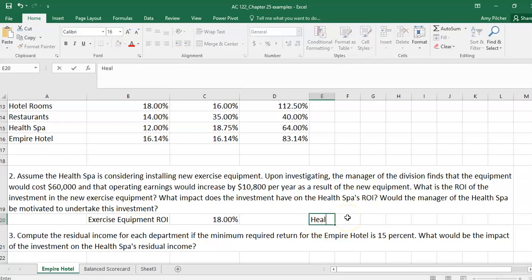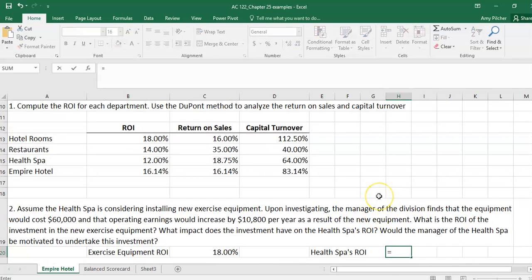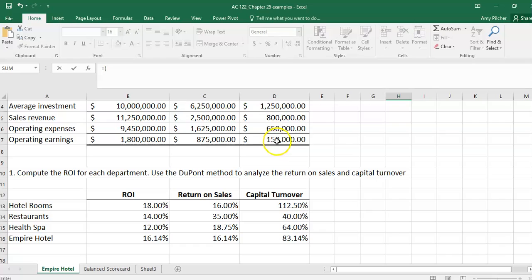The health spa's ROI after the investment, we would calculate that by taking the health spa's income, adding the increase in income of $10,800, dividing it by the health spa's investment plus the new cost of the equipment.